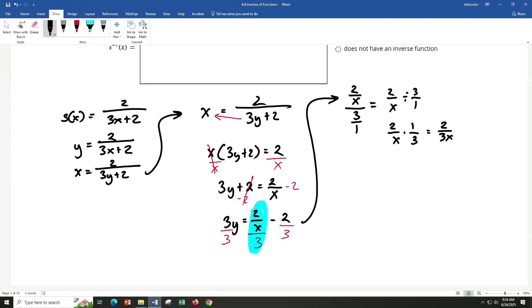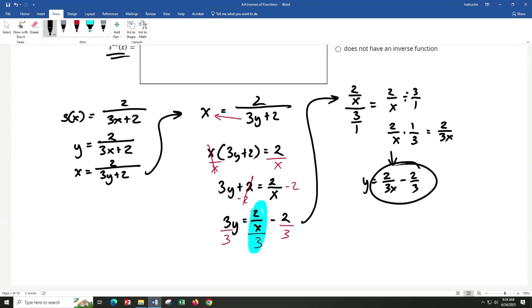There you go. So now we can go back down and rewrite this as y is equal to 2 over 3x minus 2. Last step, which you don't have to do because look, they give it to you up there. So this would be your answer.